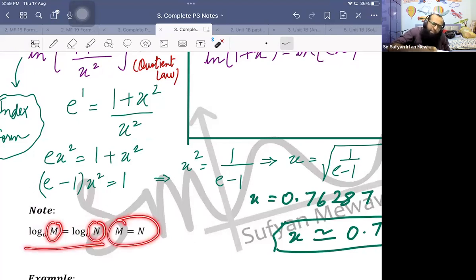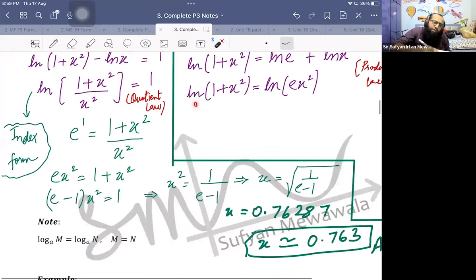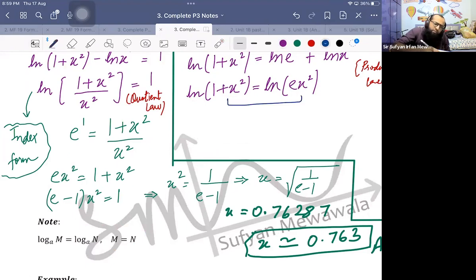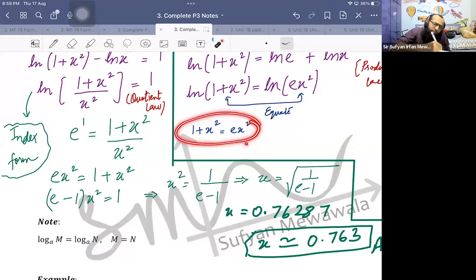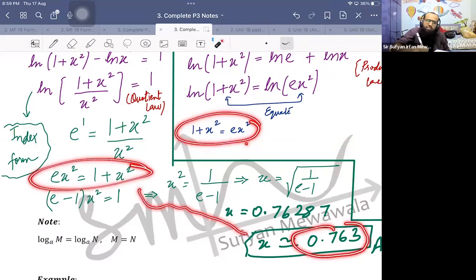So using the application of this, ln(1 plus x square) equals ln(e x square). So using this note, this will be equal to this. So this means 1 plus x square is equal to e x square, and then the process will continue and we'll get 0.763 as our final answer.